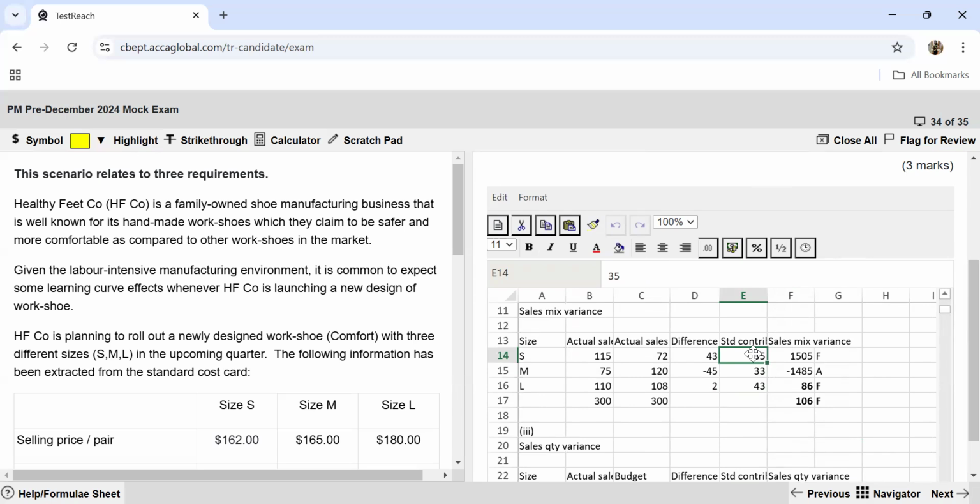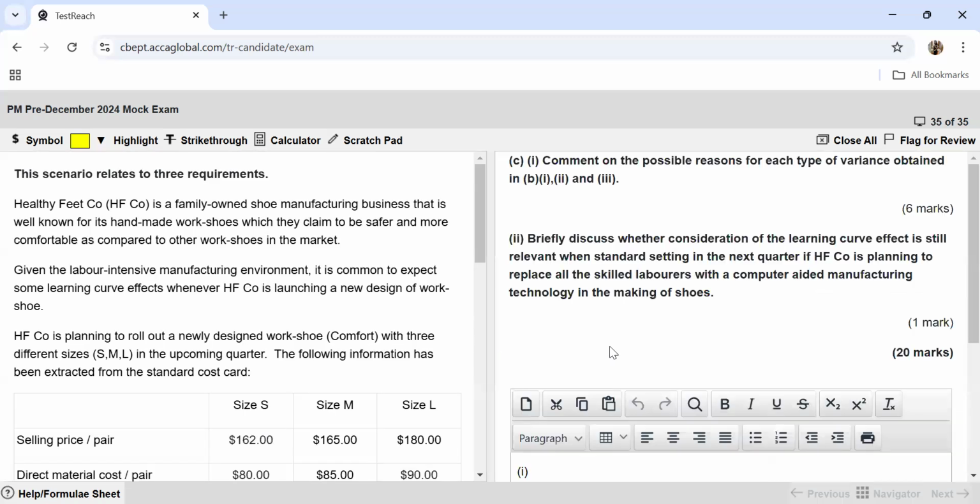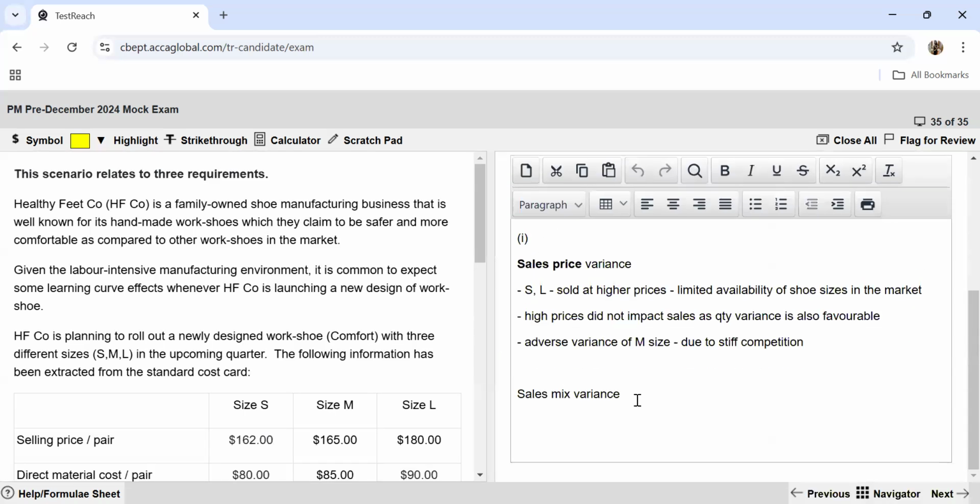So it is going to make the business more profitable. Let's write about that. Higher contribution is generated by S and L, made us more profitable.